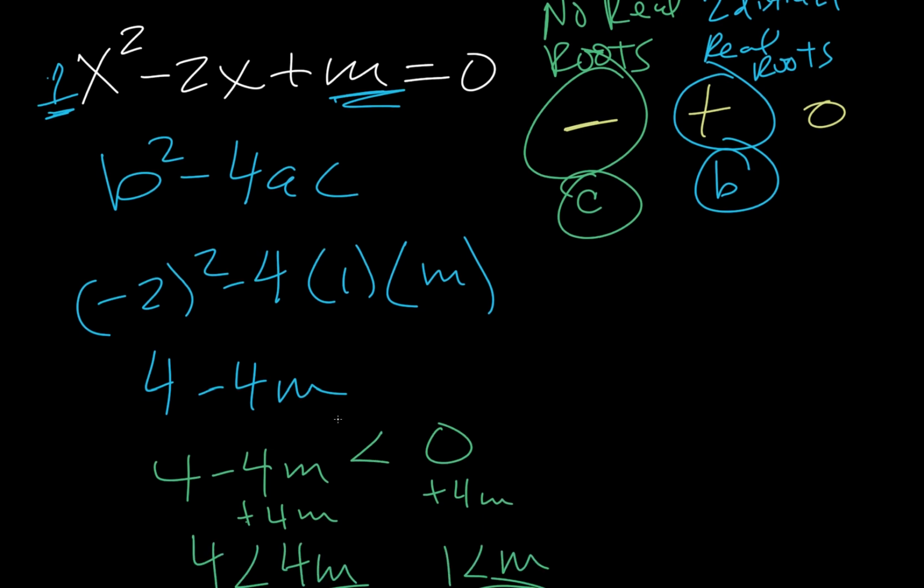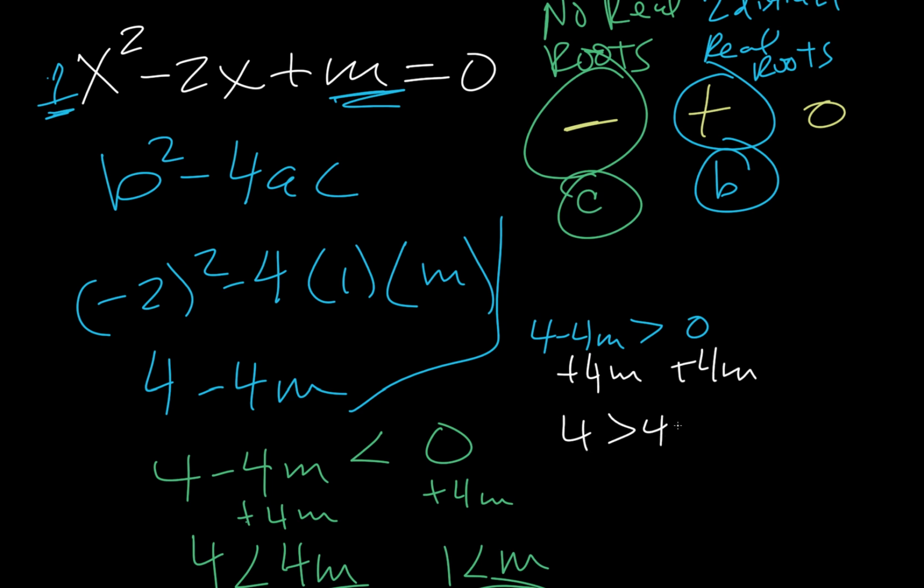That case is positive, so we're going to set up something very similar to this, where we say 4 minus 4m is greater than 0, because we want a positive number. Okay, we go through the algebra again, add 4m, 4 is greater than 4m, divide by 4, divide by 4, 1 is greater than m, or m is less than 1.